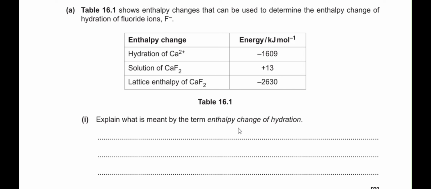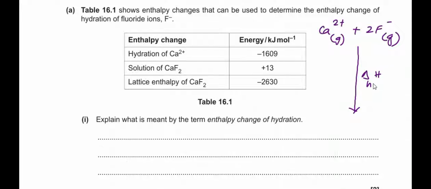Talking about enthalpy change of hydration, consider gaseous ions. For example, Ca2+ gaseous plus 2 fluoride ions gaseous. When they undergo hydration, the enthalpy of hydration is delta H hydration. They become aqueous ions, Ca2+ aqueous plus 2 fluoride aqueous.